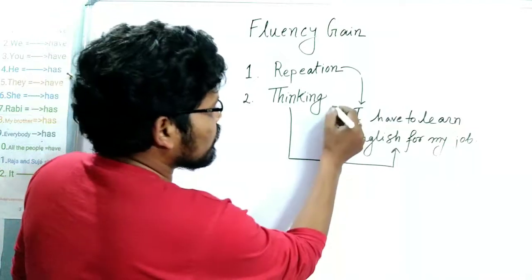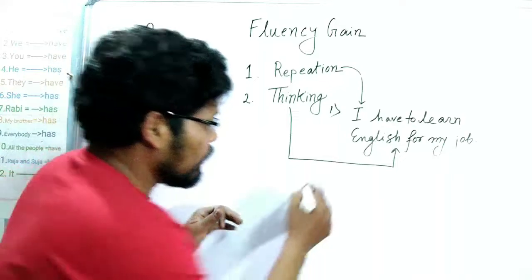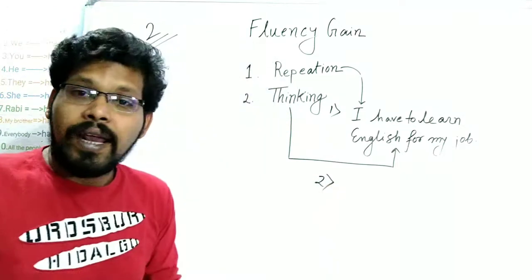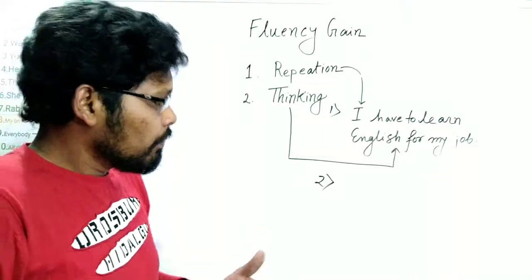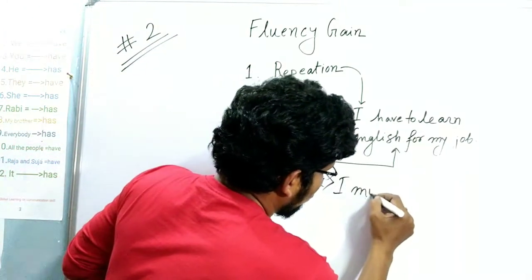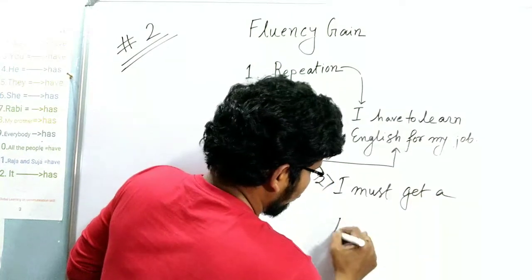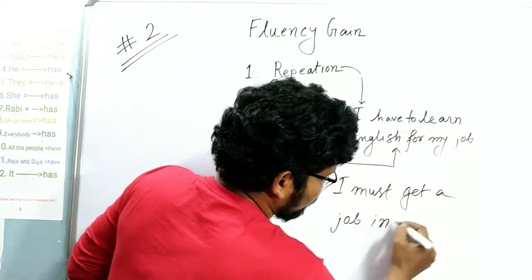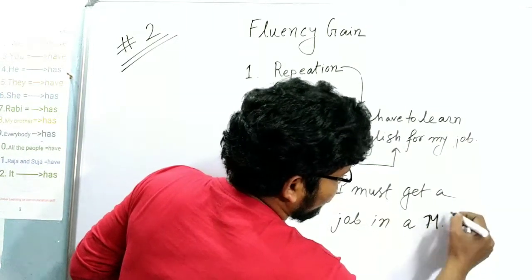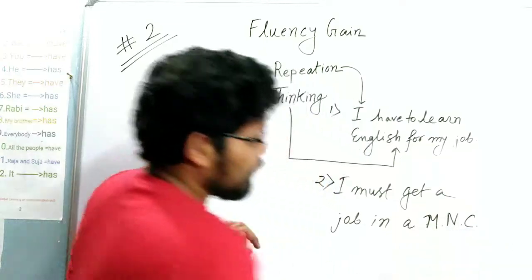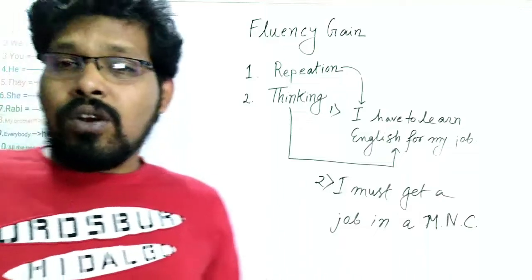Suppose today one sentence is I have to learn English for my job purpose, and the next one, if you say another sentence, is I must get a job in a multinational company, MNC.